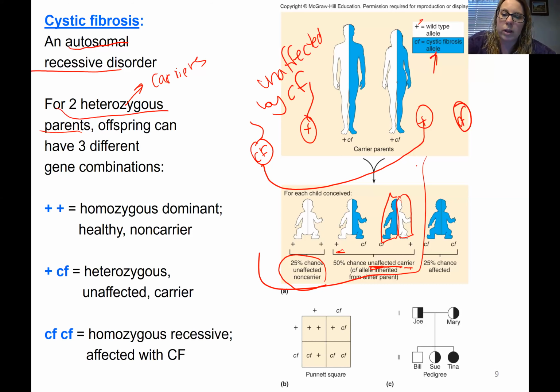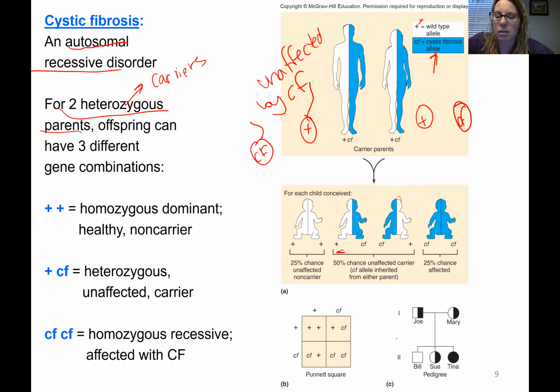These children would not have cystic fibrosis. There is a 1 in 4 chance, or a 25% chance, that this allele and that allele would combine and the child would be affected.